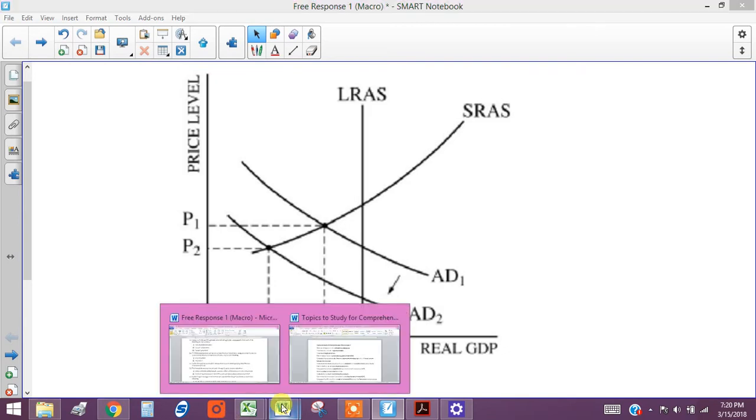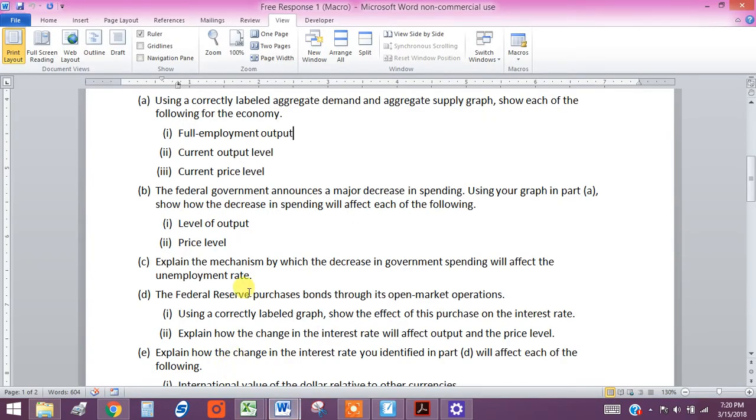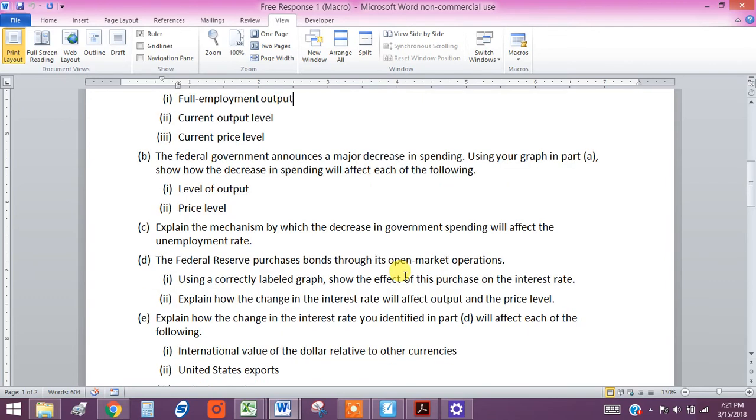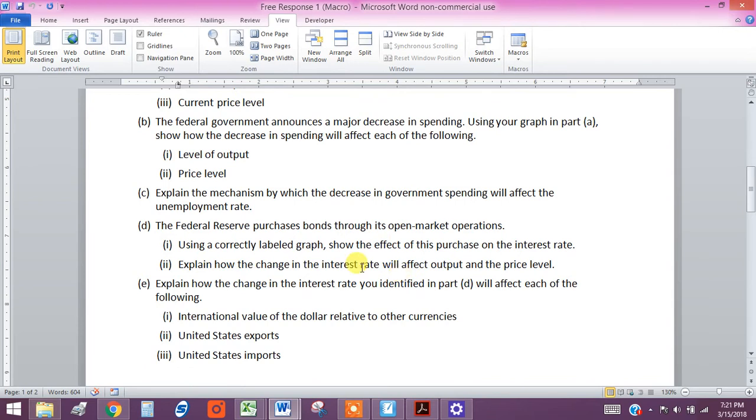Okay. Now let's look real quick at part D. So now the Federal Reserve Bank is going to purchase bonds on the open market, and we want to draw a graph showing what effect this will have on the interest rate. So this is going to be expansionary monetary policy.